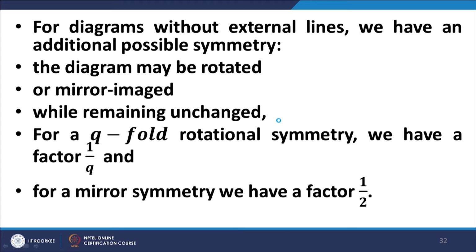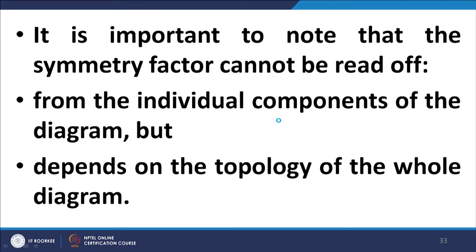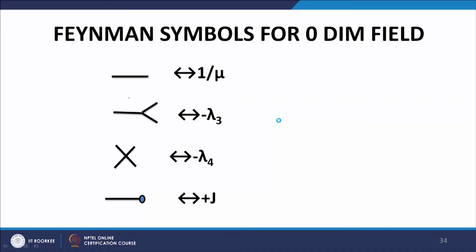Now, the symmetry factor cannot be read off from the individual components; it really depends on the topology of the diagram, how the various constituents are connected to form the diagram.